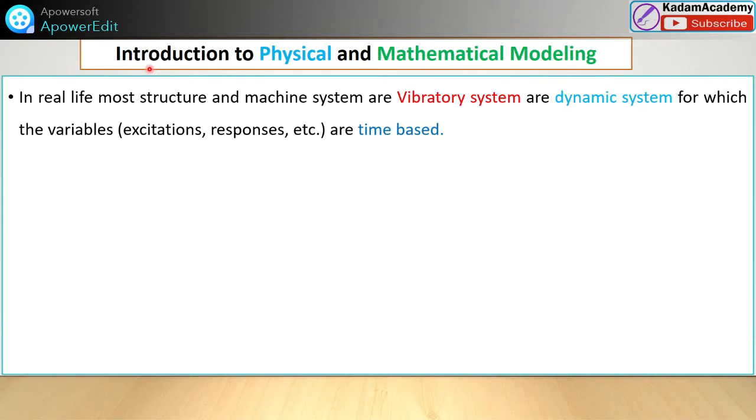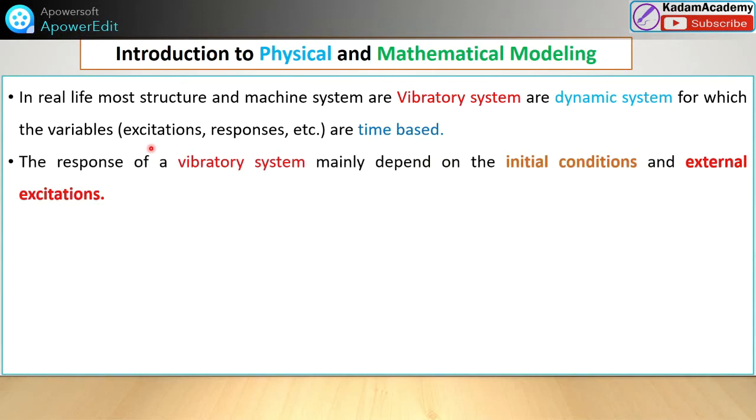For such a vibrating physical system, the dynamic system has variables, that is the excitation and responses, which are time based. These time-based responses and excitations are present in every vibratory system. The response of a vibratory system mainly depends on its initial conditions and the external excitations.